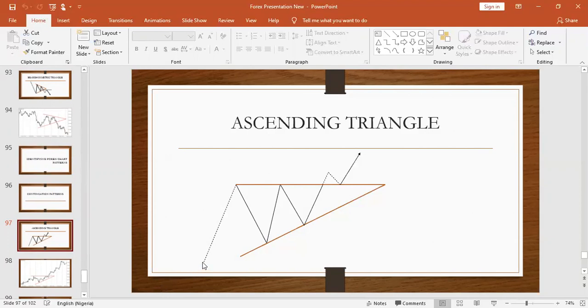So price is moving in an uptrend, and then price action comes all the way and meets this first resistance, this resistance zone, which is the horizontal resistance. Remember, support and resistance can either be on a trend line, a diagonal line, or it can be on a horizontal line.